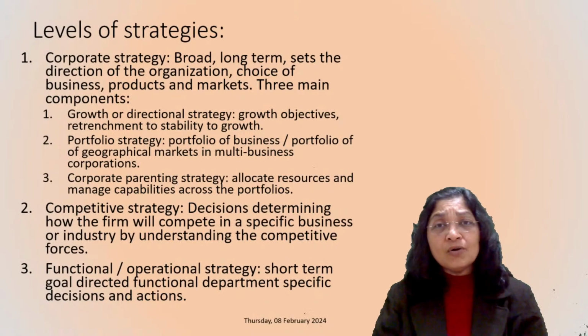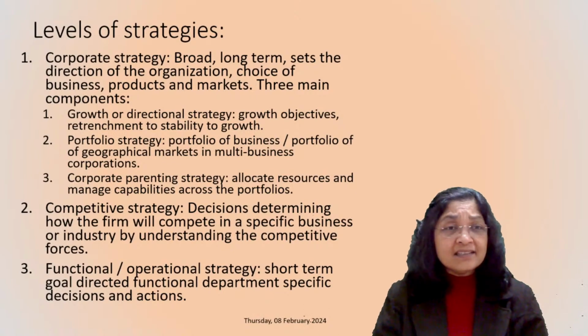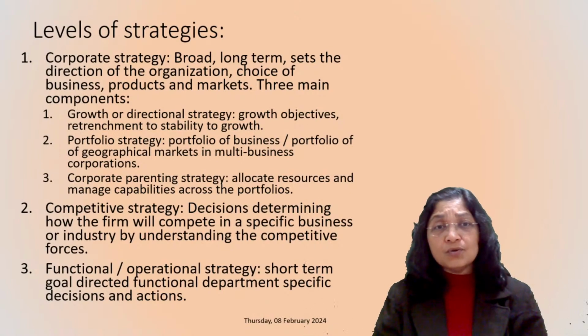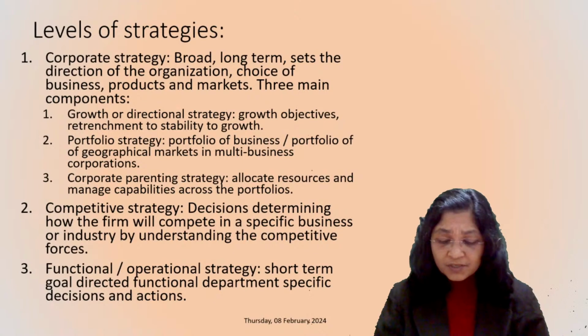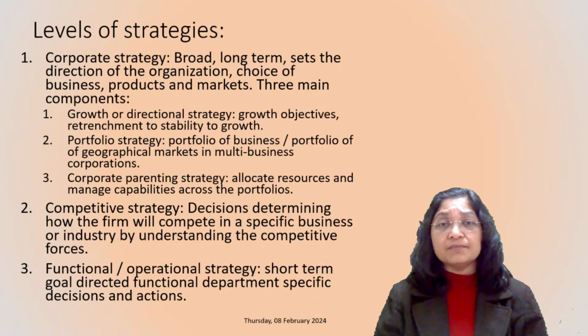They are long-term plans of action which are developed by the top level management, by the corporate level, and they generally provide the direction to the organization. So once the corporate level strategies are set, each business unit knows exactly what they are supposed to do and where they are supposed to reach.